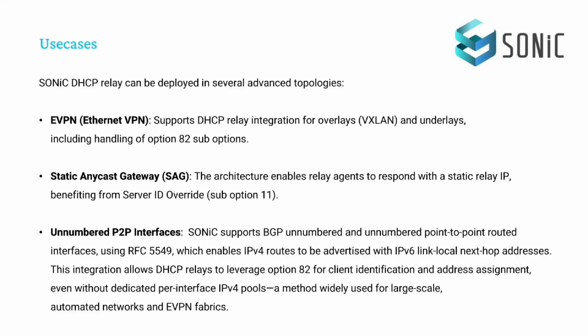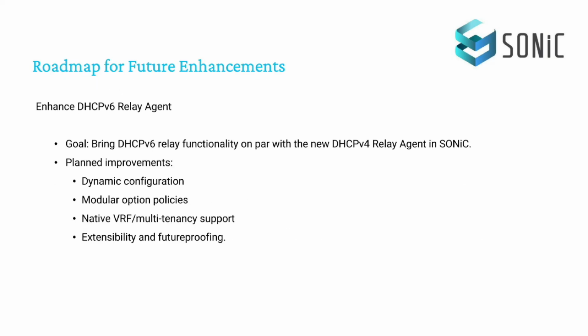And with respect to unnumbered, in the topologies where we have IPv4s with IPv6 next hops, again with reuse of these sub options, you can still specify which IP address the server has to reach, and vice versa for the relay, even though the next hop is IPv6. This has been evaluated with respect to this new process.